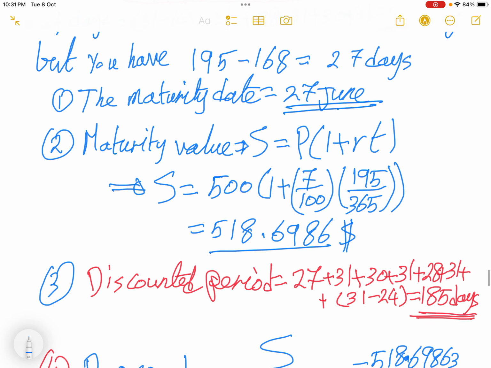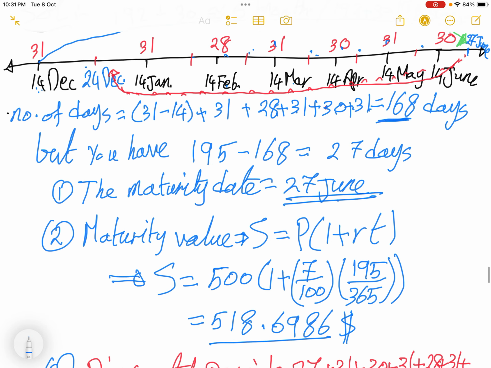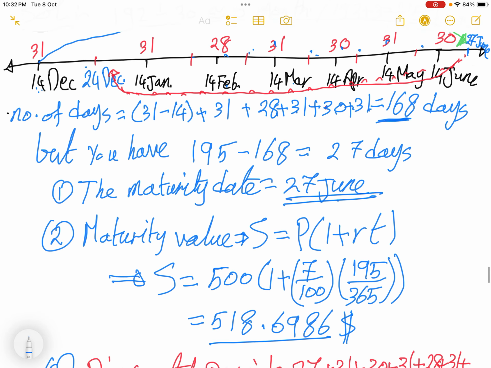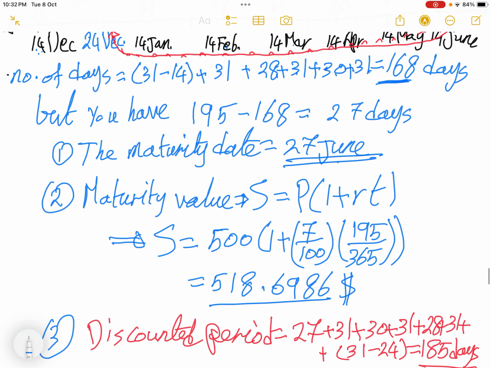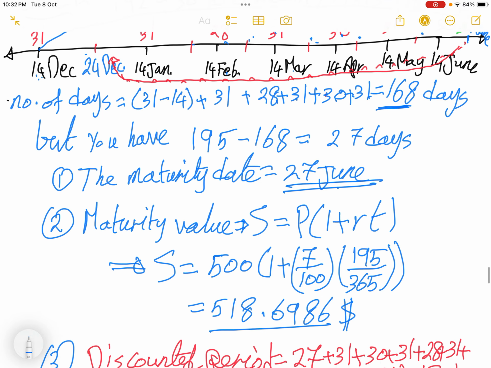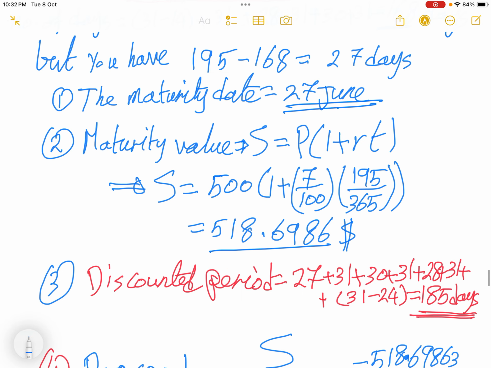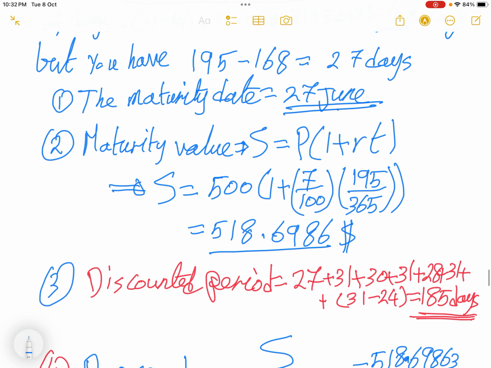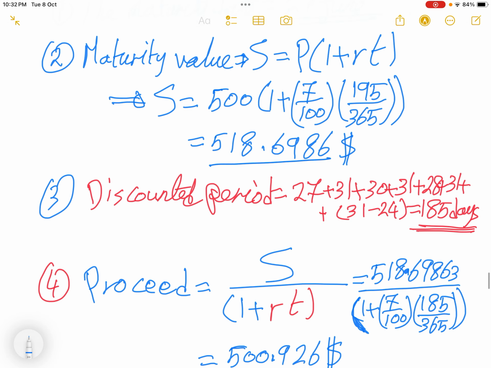Here you will have 27 of June plus May 14, April 30, May 31, April 30, March 31, February 28, January 31, and December 31 minus 24. You will have 185 days.